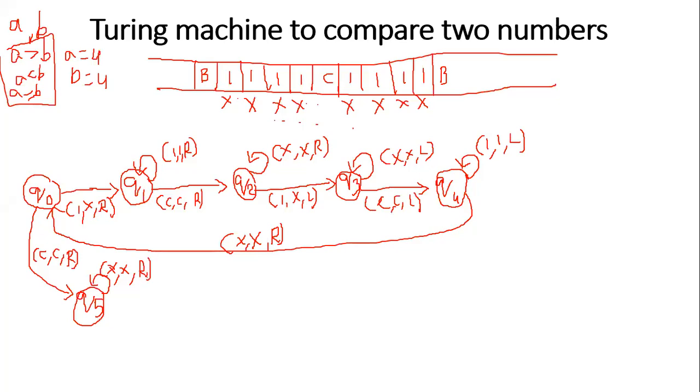How do we know that all the ones are finished on the second number? If we have immediate B after 1.